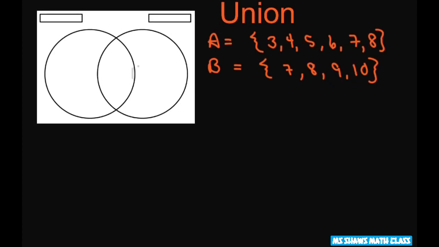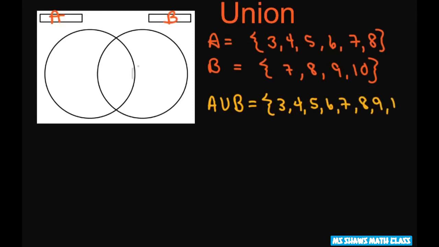Now we're going to talk about union. Let's say we have two sets A and B here. The union of the two sets would be all the numbers together. So A union B would equal all these numbers: 3, 4, 5, 6, 7, 8, 9, 10.